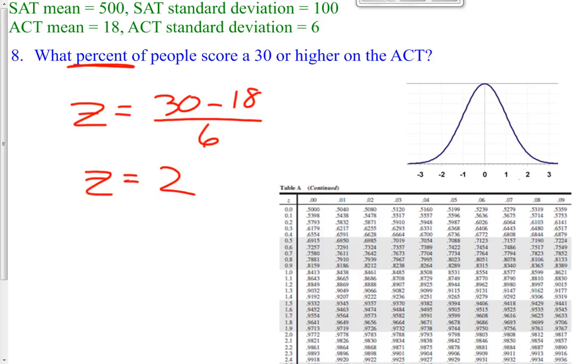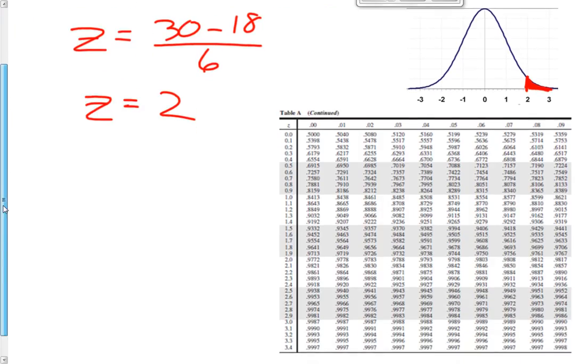So here's our z-score of 2, and we want to know what percent of people score higher, so better than that. Not too many score higher than a 30. It's abnormal to score a 30 or higher. There's a few percent. What few percent is that?